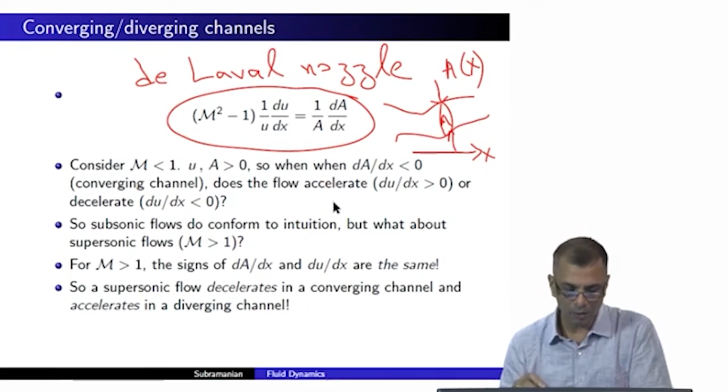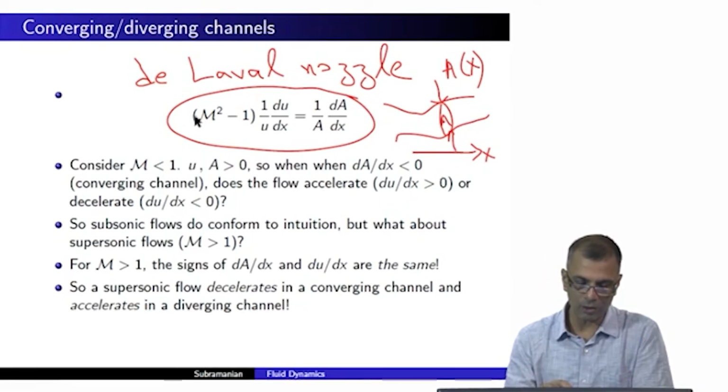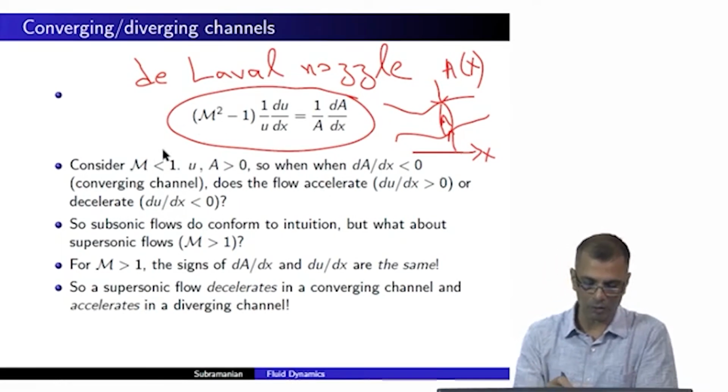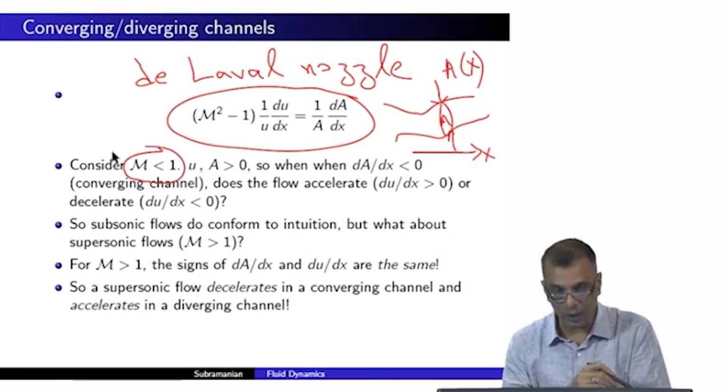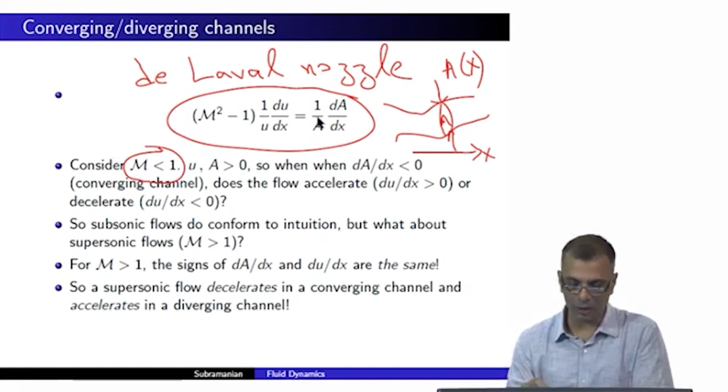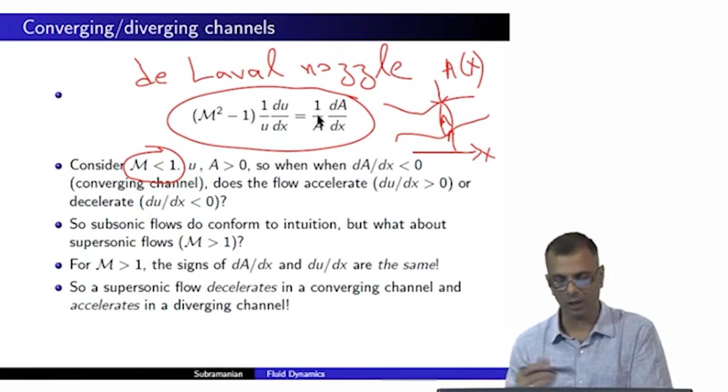What we found out was, let's first consider subsonic flows, in other words the case where the Mach number is less than 1. The area itself is always larger than 0.